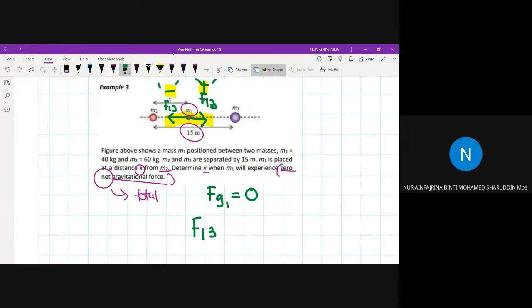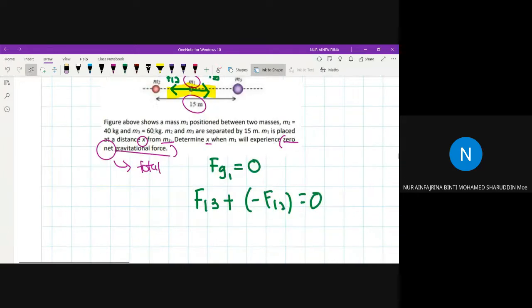So sebenarnya dia adalah F13 net total tambah dengan negative F12 equals to 0. So kita sambung lagi.